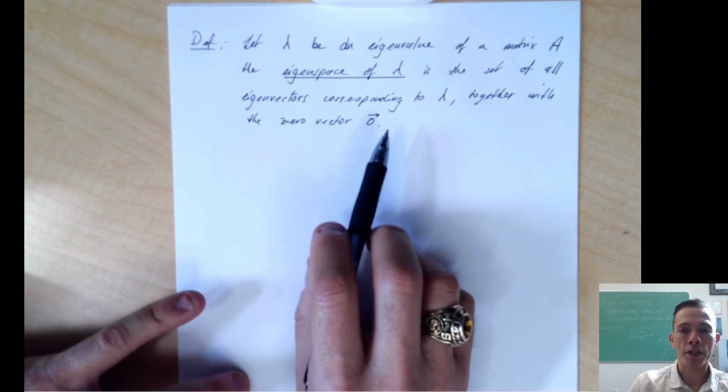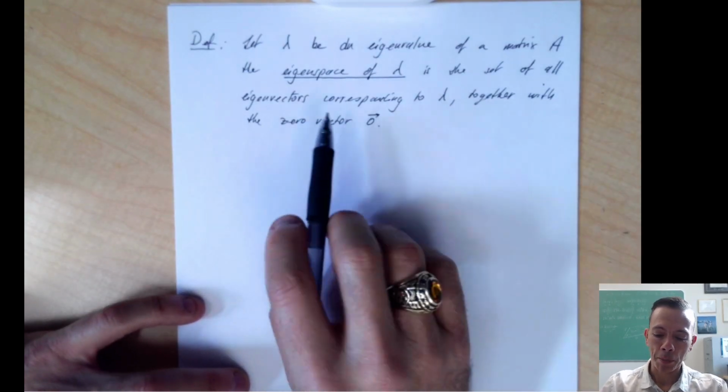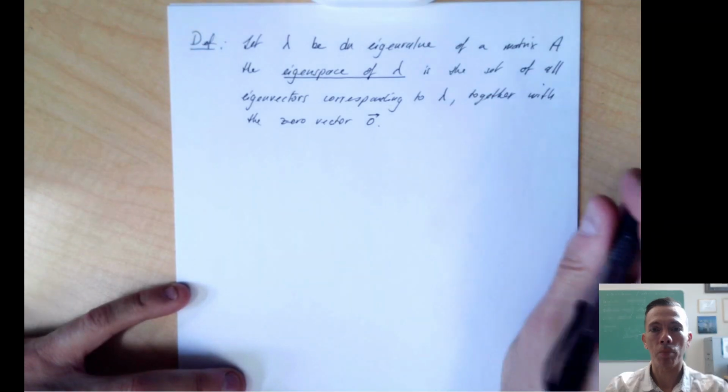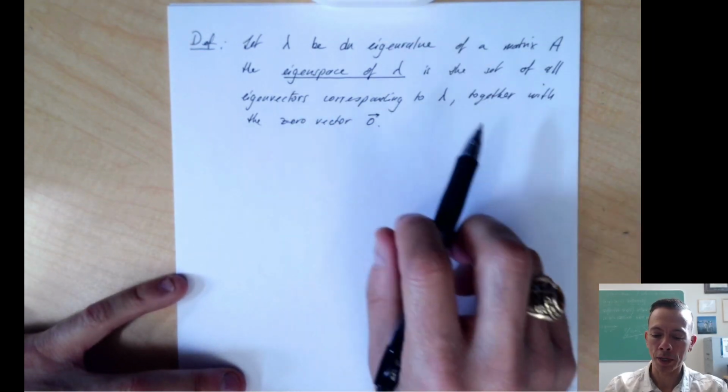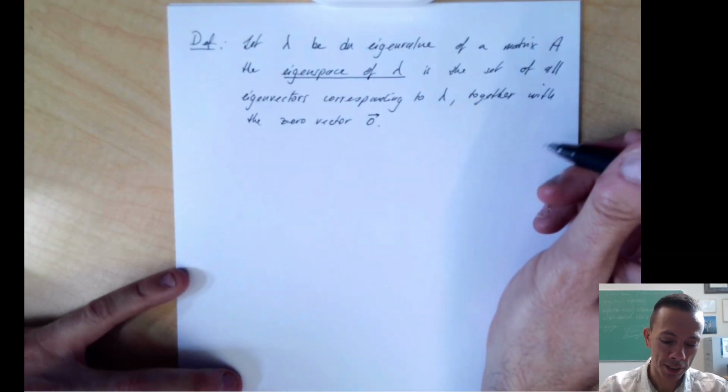So as you know, the zero vector is by definition not an eigenvector, but when we are considering the eigenspace, we are going to throw that zero vector back into the set along with the eigenvectors to form a complete vector space, as we'll see in a minute.